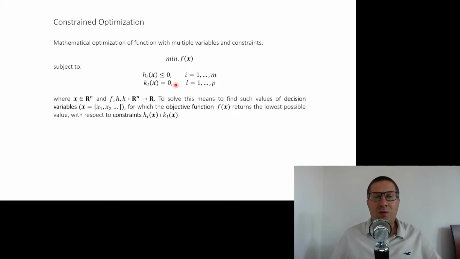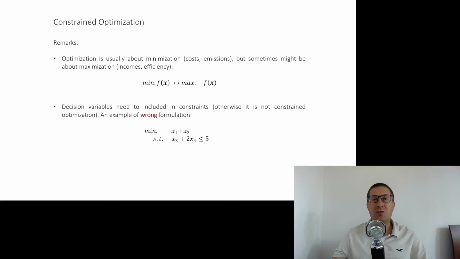So to solve this task is to find such values of decision variables. In this case, x is a vector, so it consists of the x1 variable, x2 variable, etc., for which the objective function, the mathematical formulation of our goals, returns the lowest possible value, the minimum value, with respect to constraints, those equalities and inequalities.